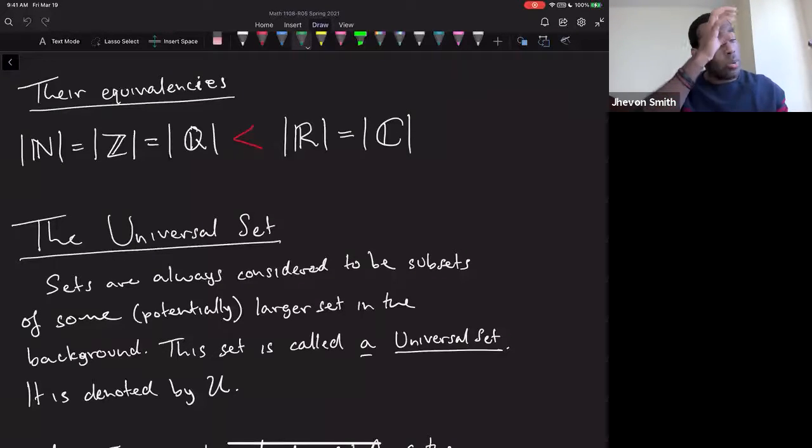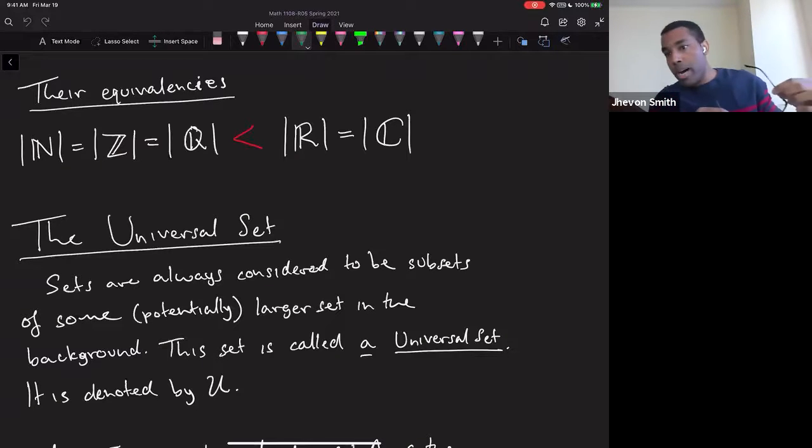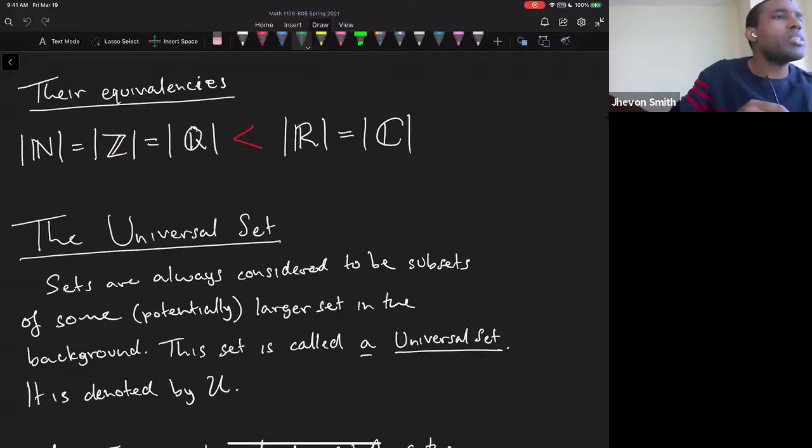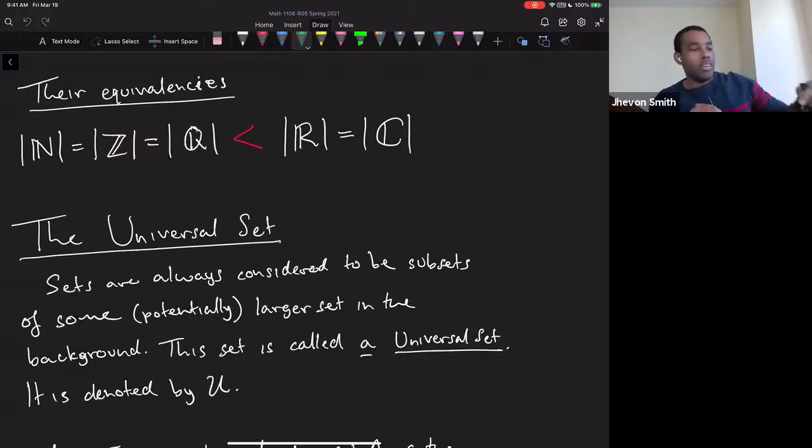And so the infinity of the real numbers is larger than the infinity of, say, the integers. And it's larger by a lot, as I mentioned. Like the difference between the ocean and a drop of water is significantly bigger than the difference between the real numbers and the integers. So yeah, it's bigger by a lot, remarkably so.